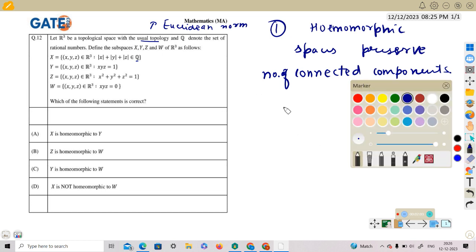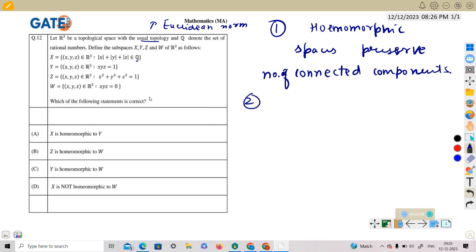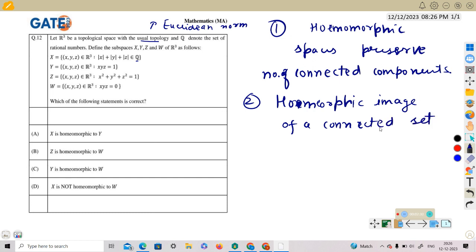And yes, I think this is enough. The second is that the image of a connected set is connected, meaning connected sets are homeomorphic to connected sets only. Meaning if two sets are homeomorphic to each other and one is connected, then the other must also be connected.